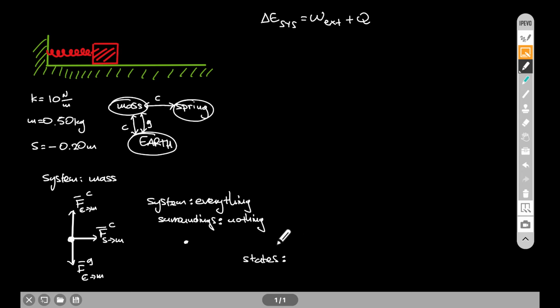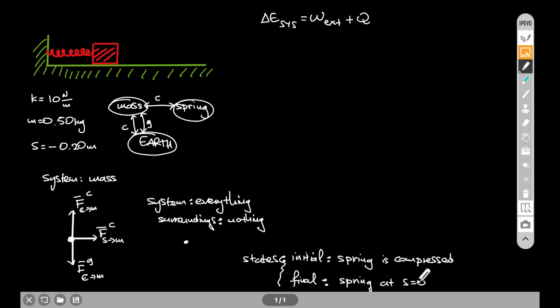So I'm going to choose as my initial state, when the spring is compressed, and the final state is when the spring is neither compressed nor stretched, let's say at S equals 0.